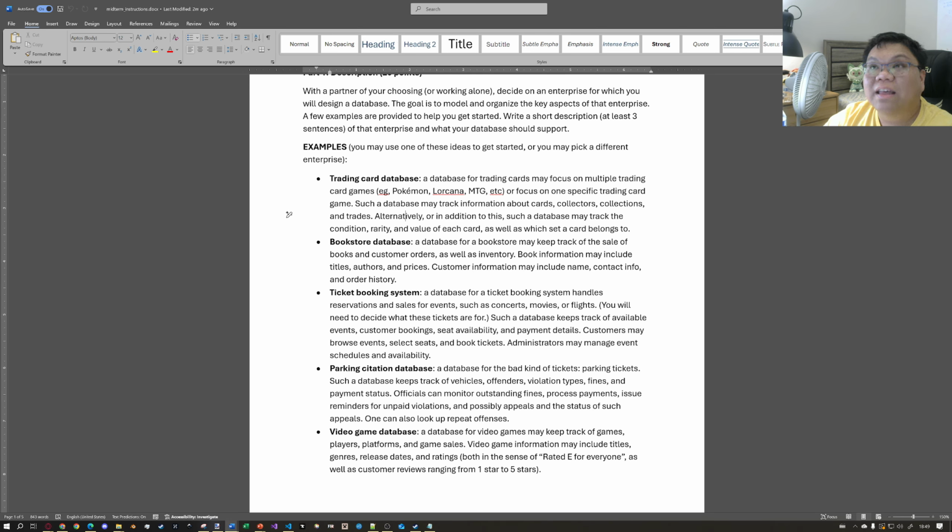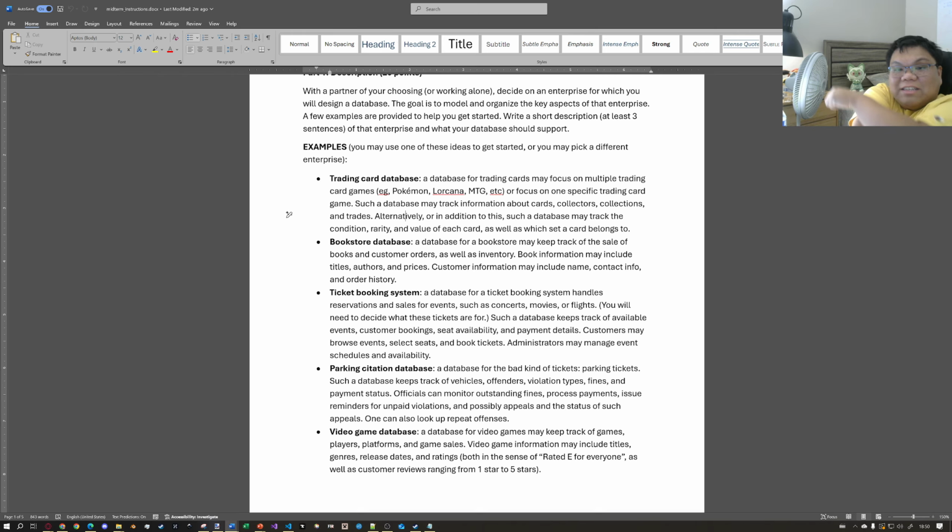So this would be tickets, airline reservations. You'd have a database full of airlines and then a database full of people's reservations. There'd need to be some relationship between seats and planes and whatnot.